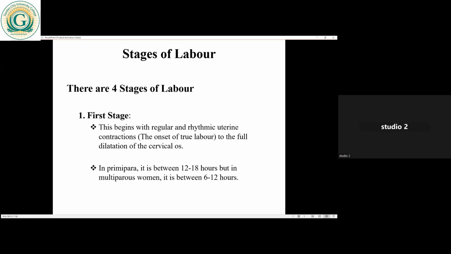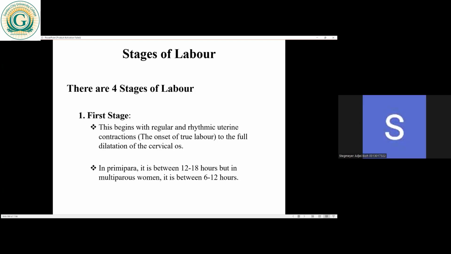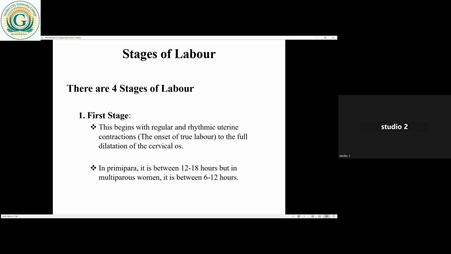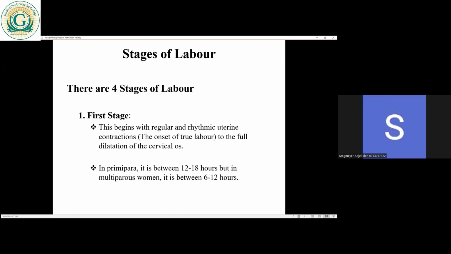It will continue like that until the os gets fully dilated. I'm telling you, the first stage of labor is pains until the os is fully dilated.